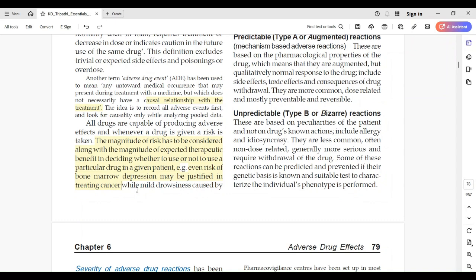But in the bone marrow, rapidly dividing cells are there, so it also prevents mitosis in the bone marrow.